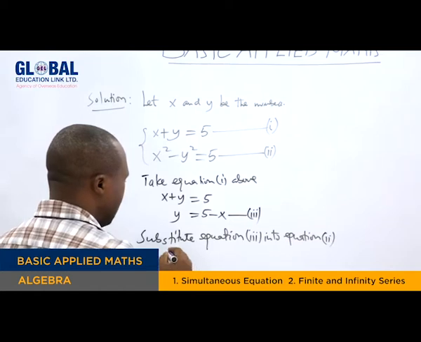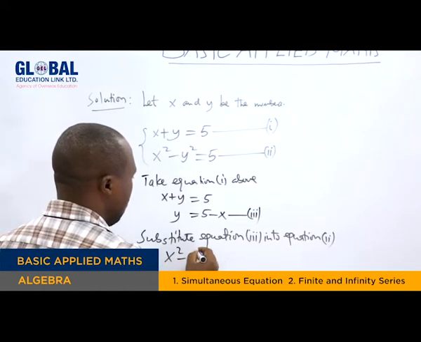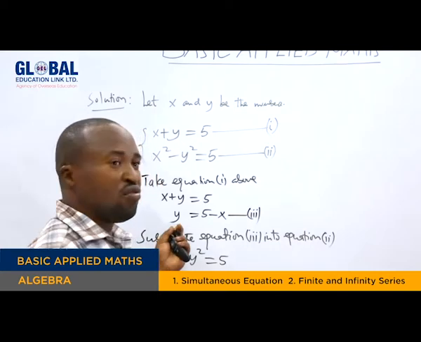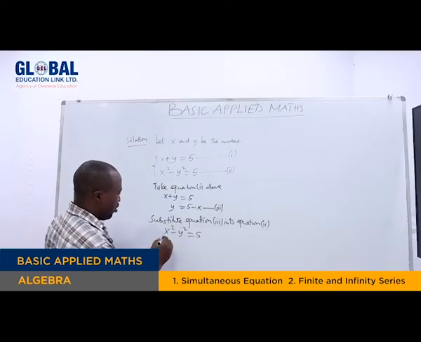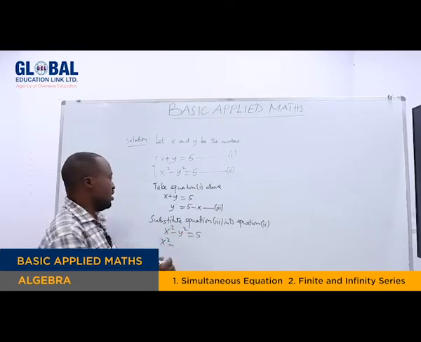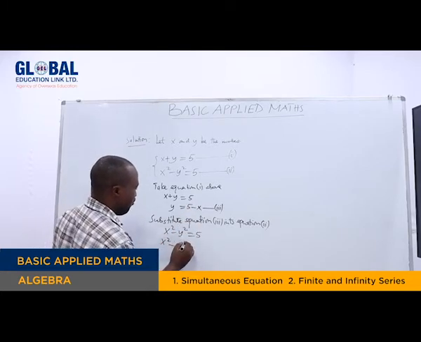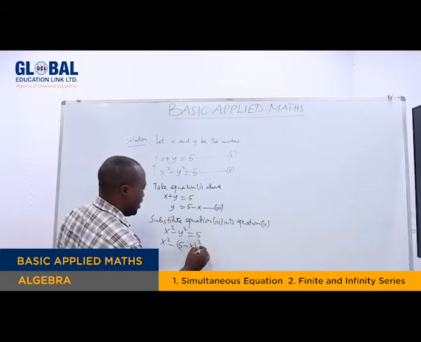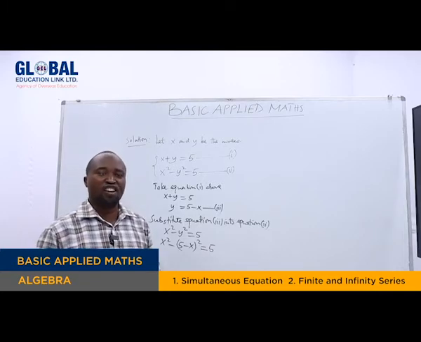Equation 2 says x squared minus y squared is equal to 5. So we substitute the value of y. So we are going to have x squared minus y squared, which is the same as 5 minus x, all squared, is equal to 5.